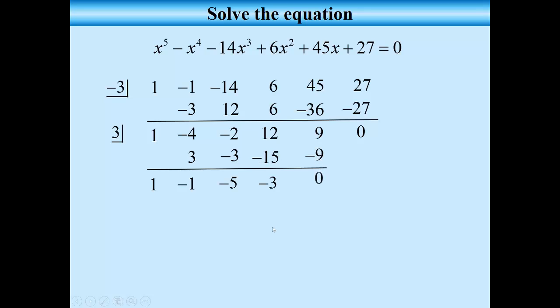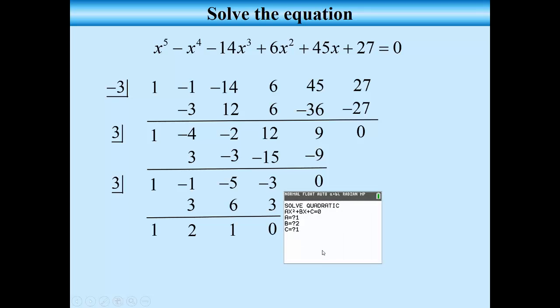And the significance of the 0 there is, yes, indeed, 3 is a solution. Well, how about if we use +3 again? Yes, +3 is a solution twice. So that actually counts as 2 of the 5 solutions. Now, what we have left here is a quadratic, 1x squared plus 2x plus 1, and we solve that using our quadratic formula program.